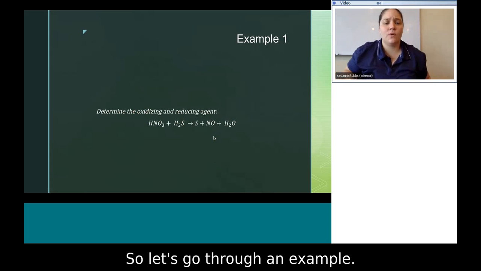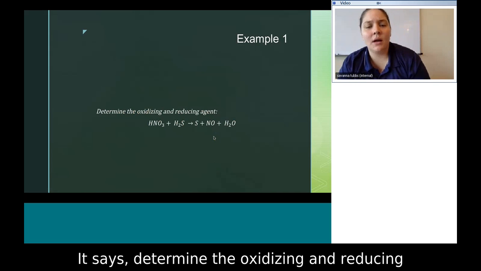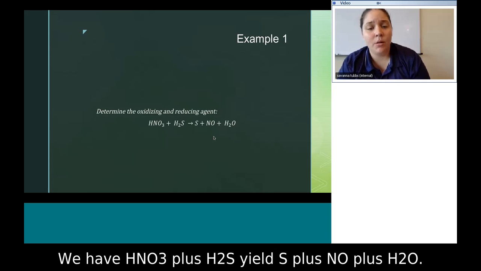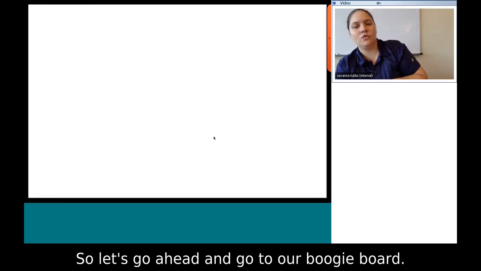So let's go through an example. It says determine the oxidizing and reducing agents for the following: HNO3 plus H2S yields S plus NO plus H2O. Let's go to our boogie board and work through this example.